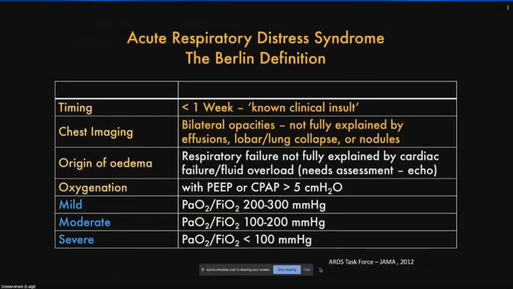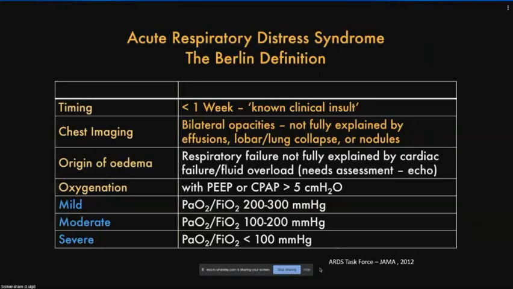So when you compare it with the classical definition of ARDS, you can see that COVID-19 actually doesn't fit strictly all the criteria of the Berlin definition. It doesn't fit the timing very well.